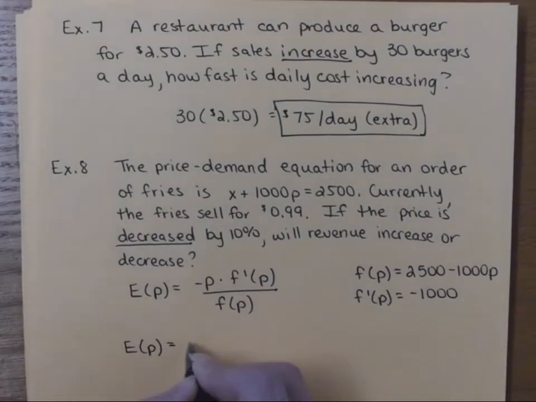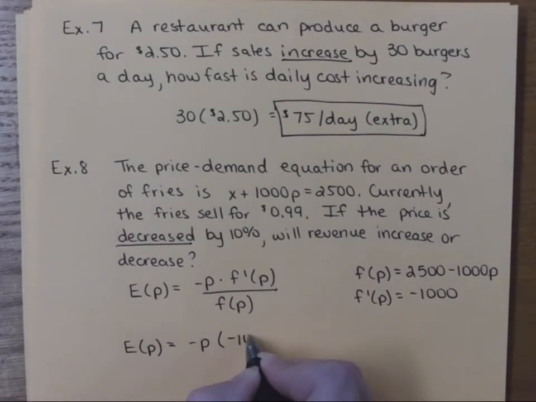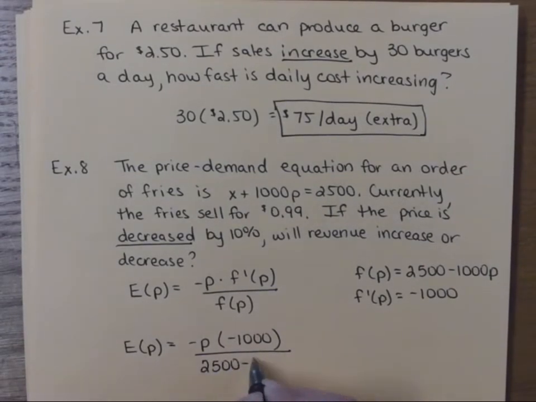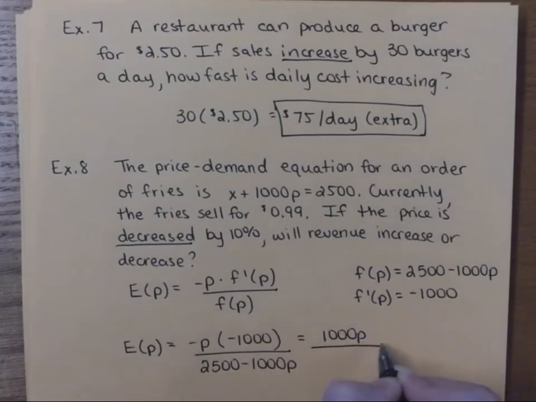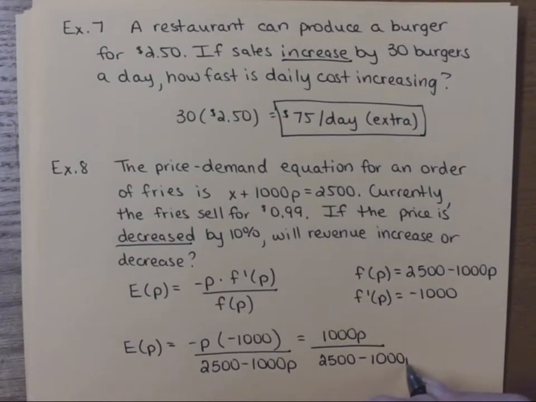So E of p is going to be negative p times the derivative, which is negative 1000, and then over the original f of p equation. So we get 1000p over 2500 minus 1000p.